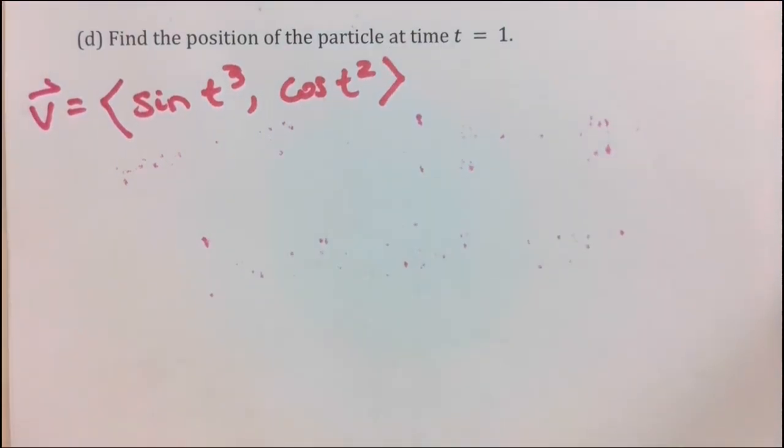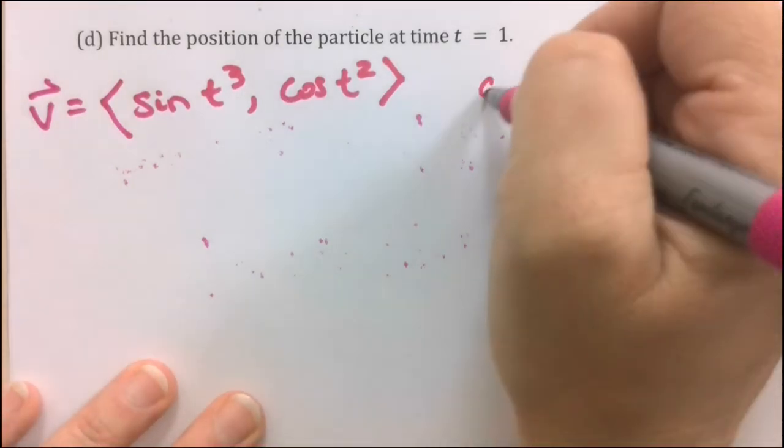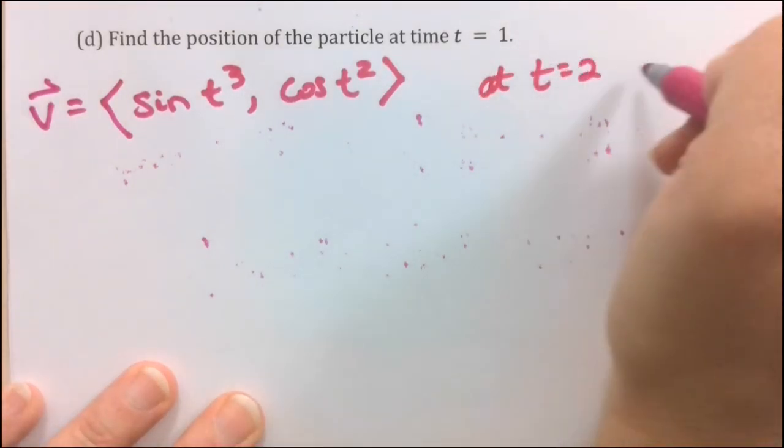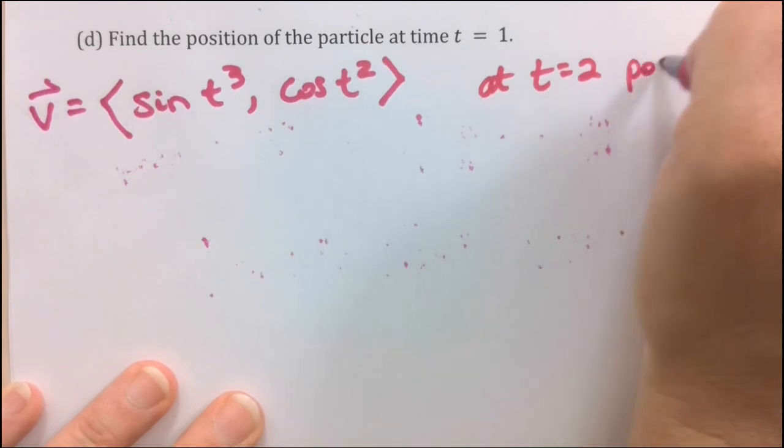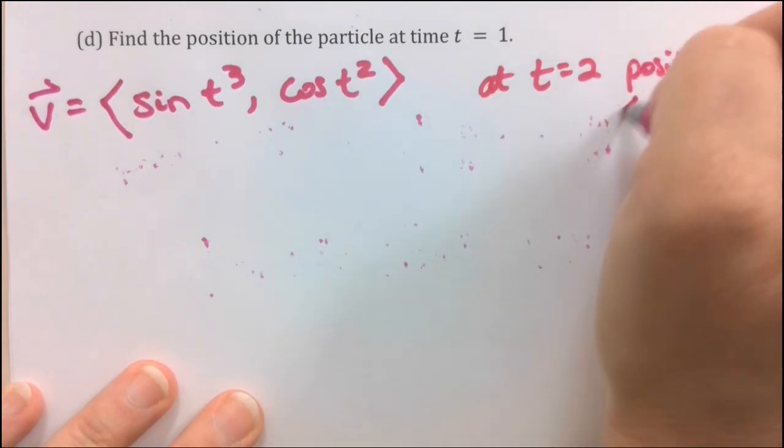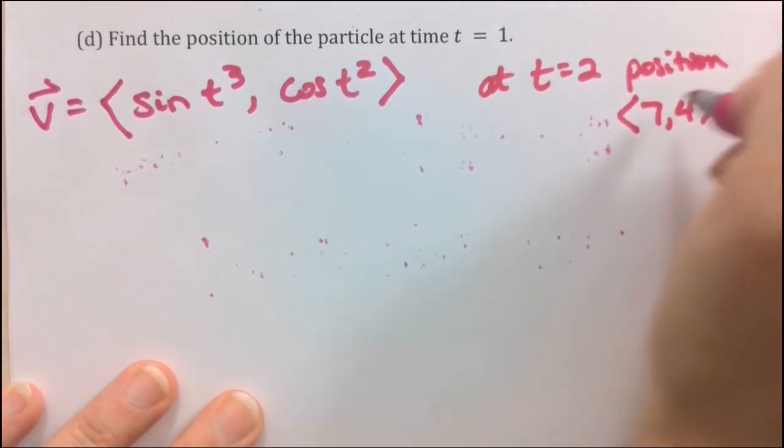To find position, we need to integrate, but if I just integrate each of these components, it's going to give me a function representing displacement. And what I want is the actual position, so I need a starting position. Remember, at t equals 2, position is 7, 4.